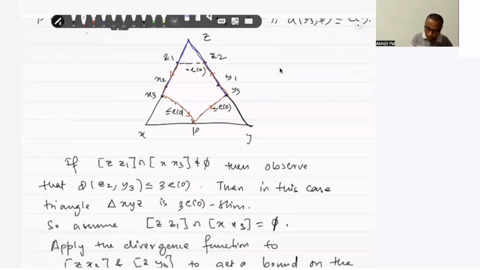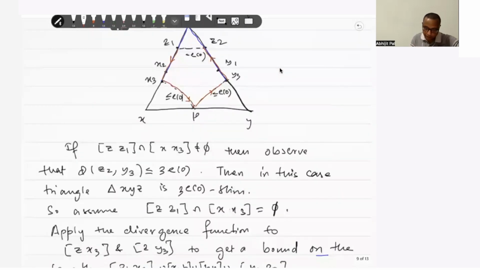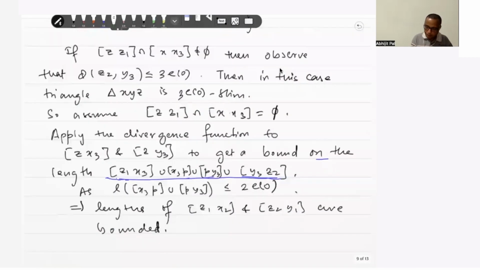Therefore, the geodesic Z1X2 is a subset of the geodesic Z1X3. So this distance will be bounded, and the distance between Z2 and Y1 will also be bounded. So the lengths of Z1X2 and Z2Y1 are bounded.